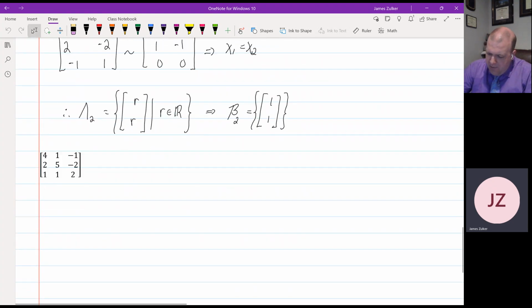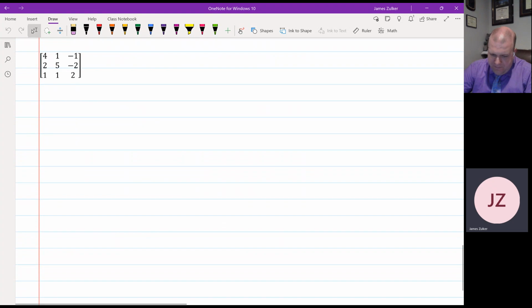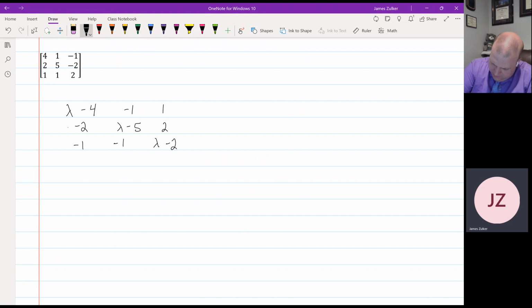Well, let's tackle a 3x3 matrix now. So we're going to take the determinant of this matrix.